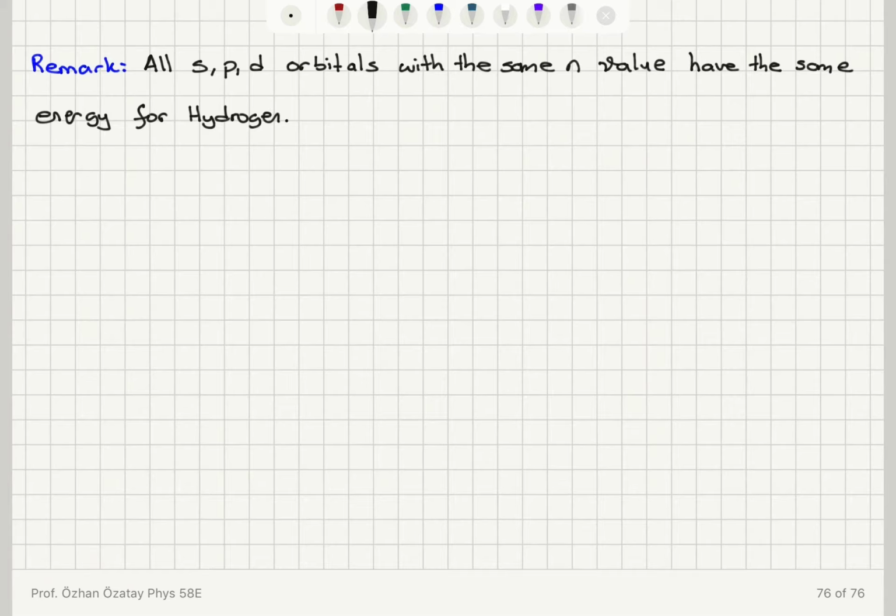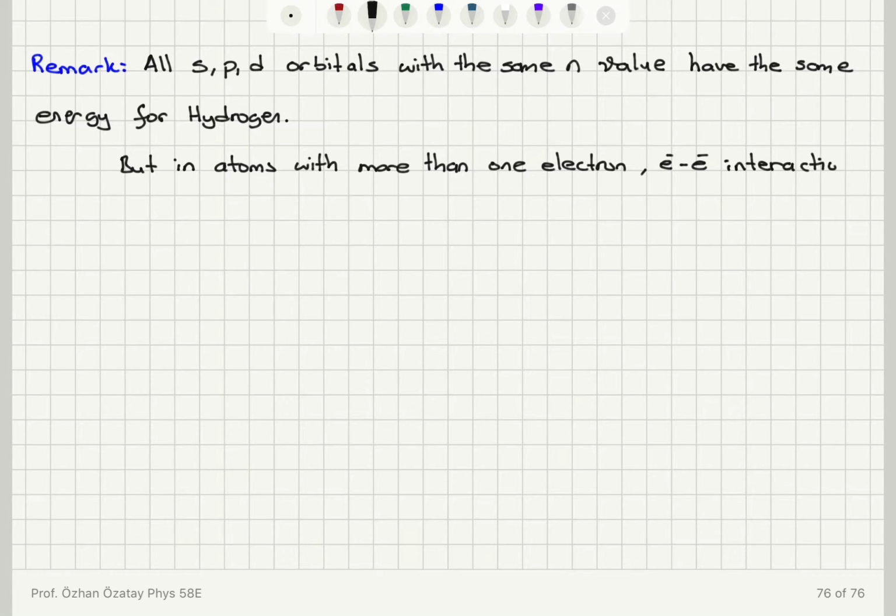But if we have atoms with more than one electron, so that means any other element in the periodic table, we will also have a contribution from electron-electron interaction effects.